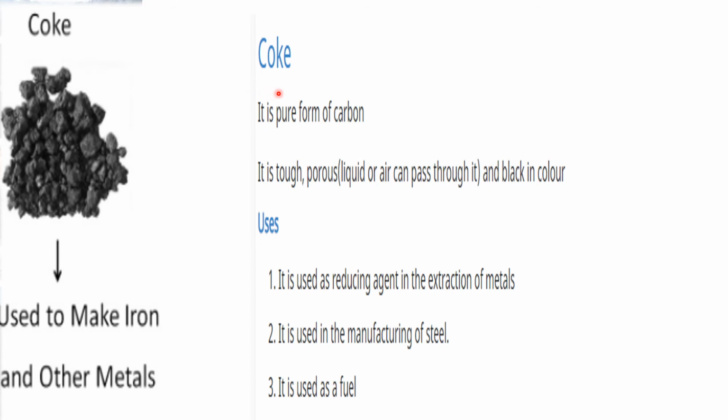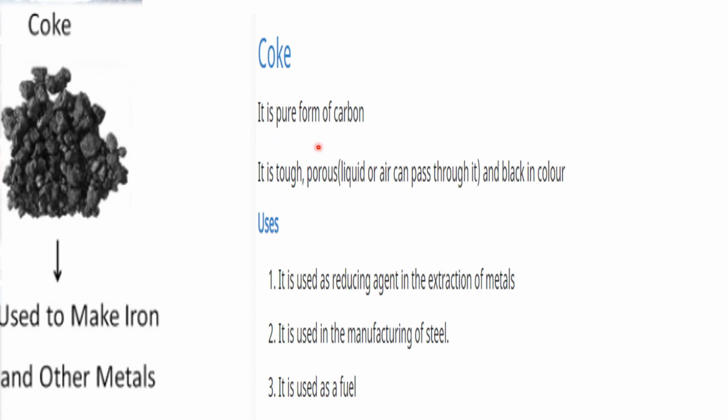Coke is a tough and porous black solid substance, and coke is prepared by heating coal in the absence of air. When coal is heated in the absence of air, the coal gas and coal tar are eliminated and the coke is left behind as a black residue.